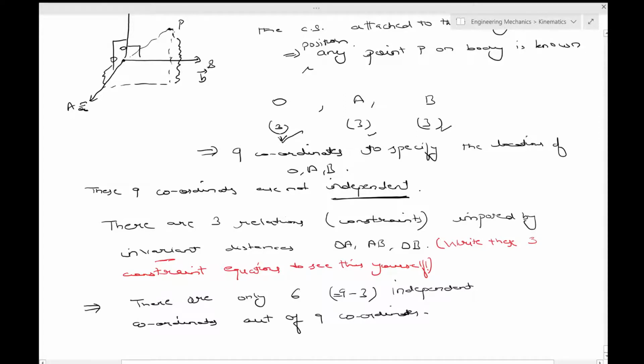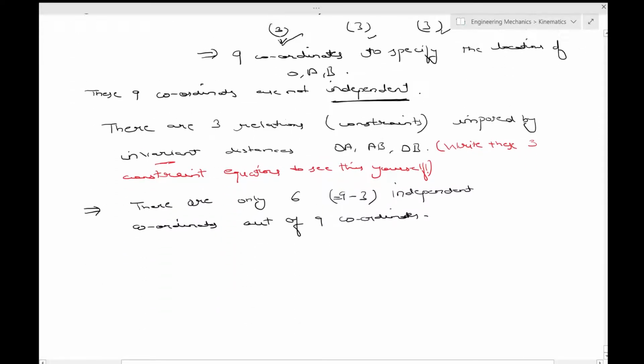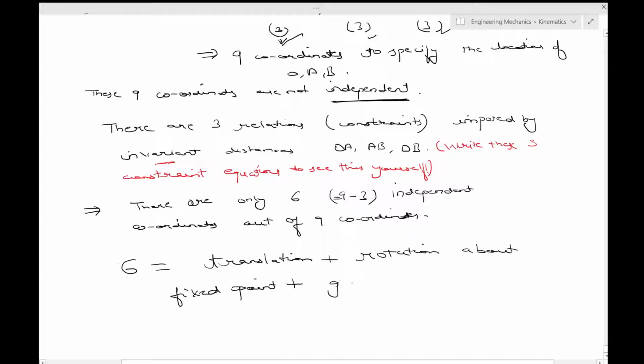So 6 is the degree of freedom, and what are they? 6 is equal to translation plus rotation about a fixed point plus a general motion.